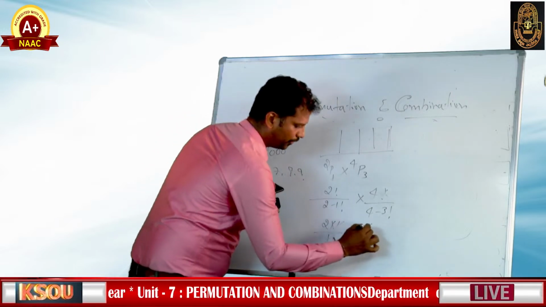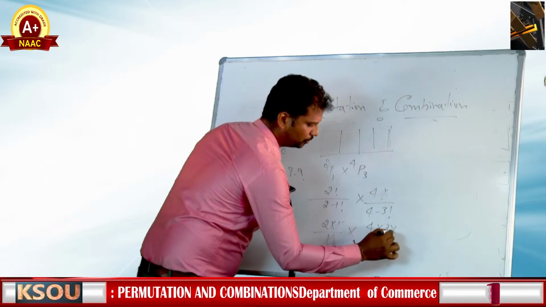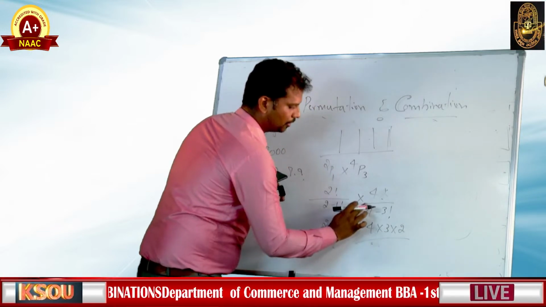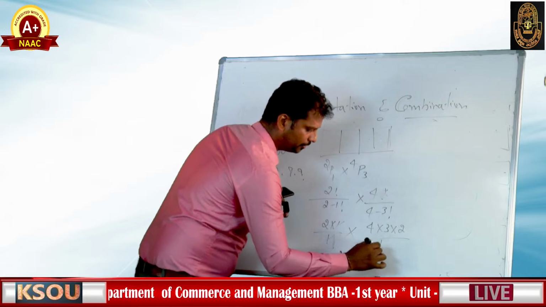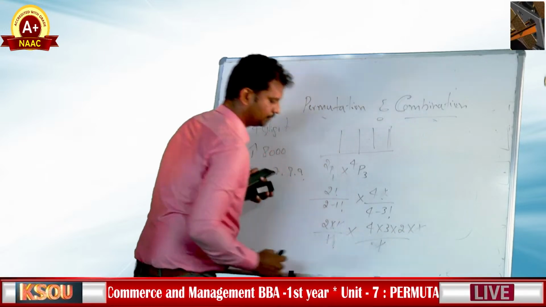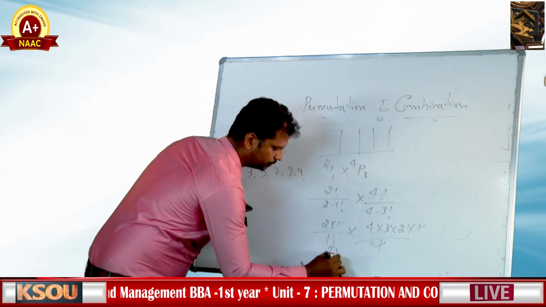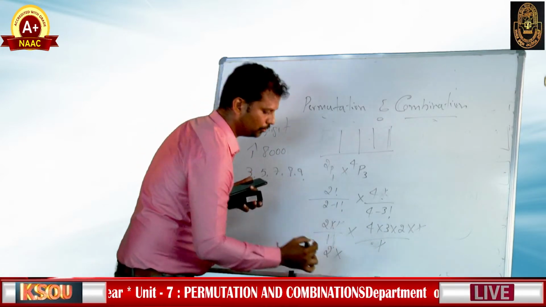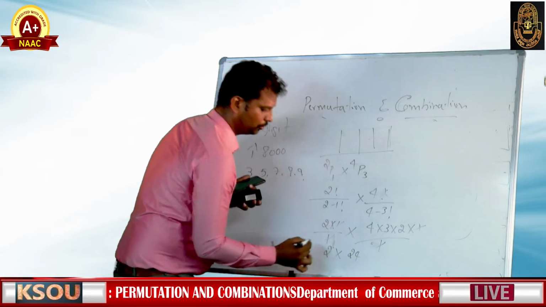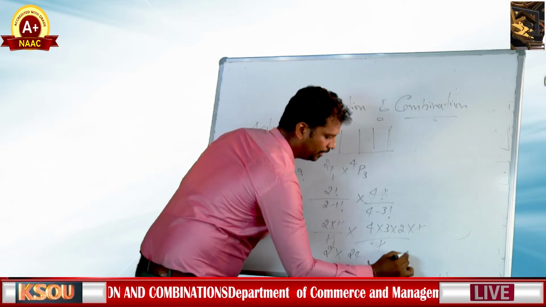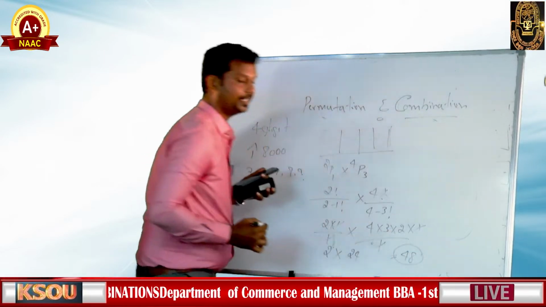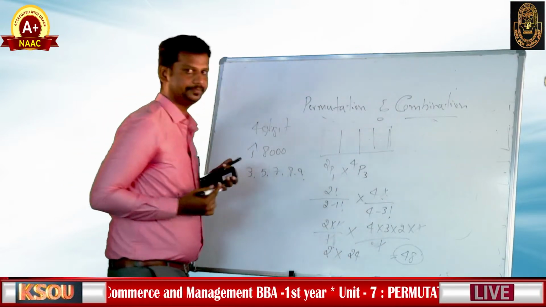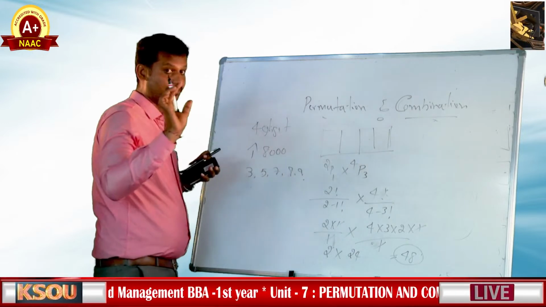Then 4 factorial is 4 into 3 into 2, and 4 minus 3 is 1. Next 2 into 4 into 3 is 24, and 24 into 2 is 48. Clear? 48.